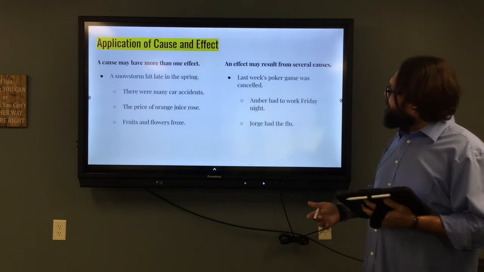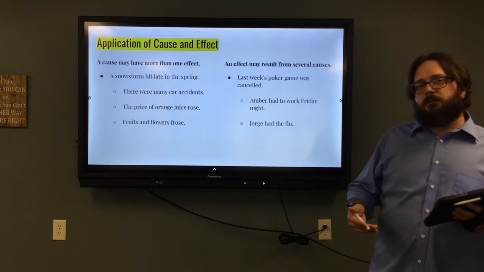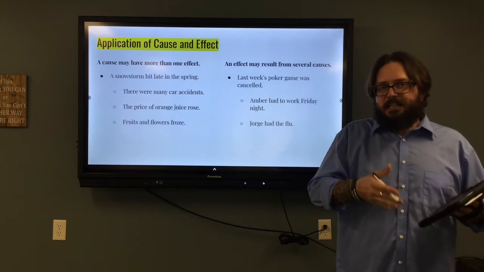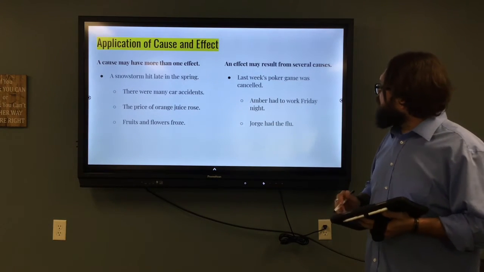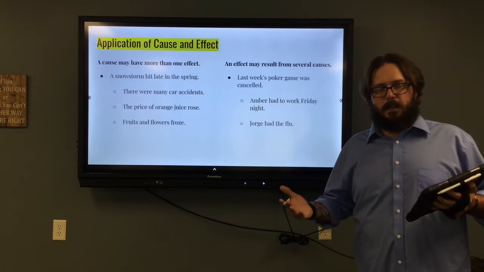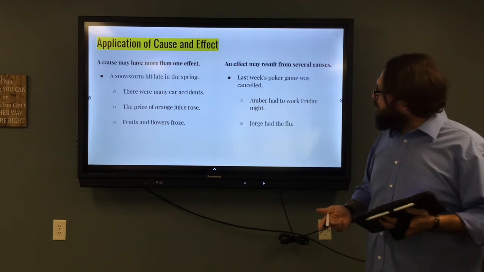In addition, it's possible for an effect to result from multiple causes. So several things could lead to one single effect. In our example, last week's poker game was canceled. Okay, so that was the result of two separate causes.